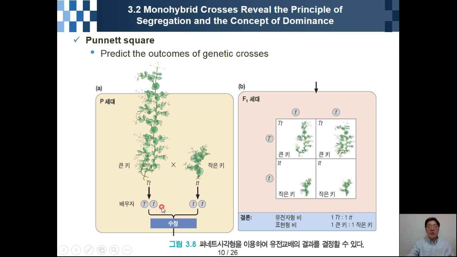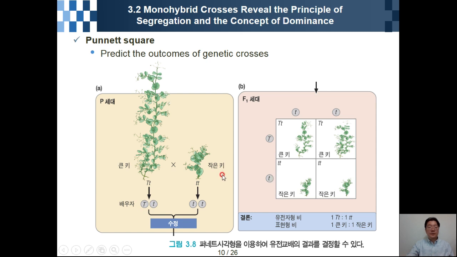So, if we use the Punnett square, we can predict the phenotypes very well. For example, in the F1 generation, this gamete can have the large T, small t alleles. So this gamete can make large T, small t like this.